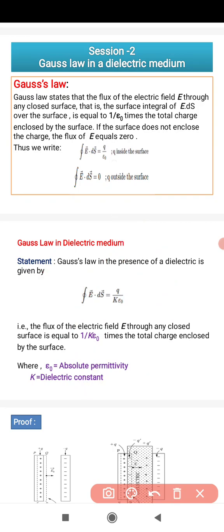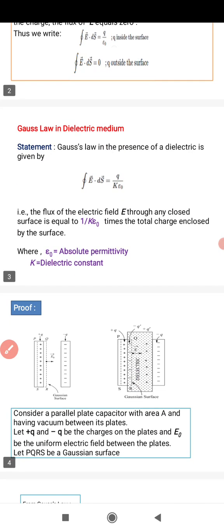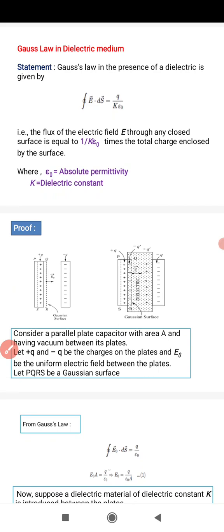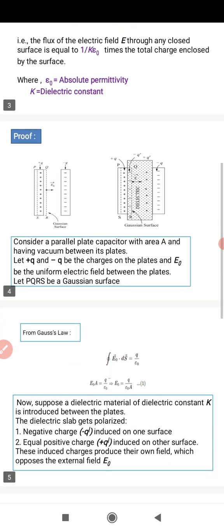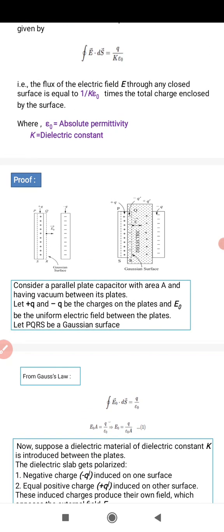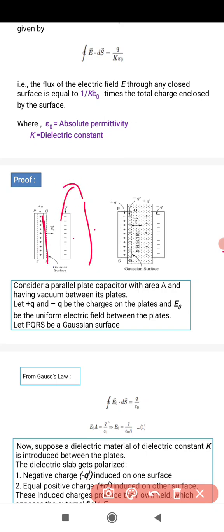Proof of this law: first we consider a parallel plate capacitor with area A. A parallel plate capacitor means two plates. In this case, between these two plates, air is the medium.